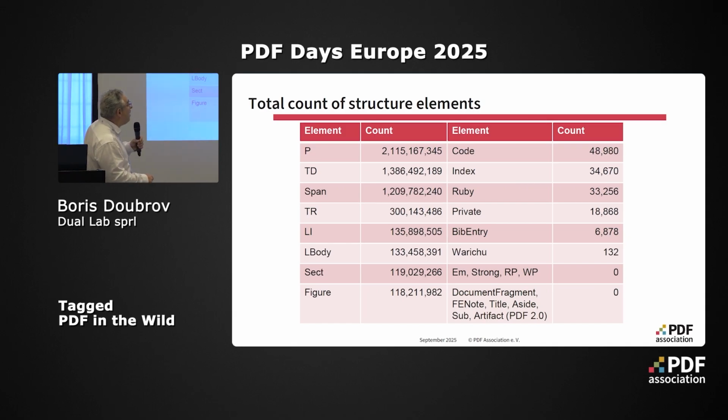On the bottom, we see BibEntry. BibEntry is very rarely used, less than private and Ruby. That's another indication that maybe it's not something very useful. And the zeros are really a surprise. Not a single document uses Em or Strong. RP and RT, again, are very special things from Ruby.